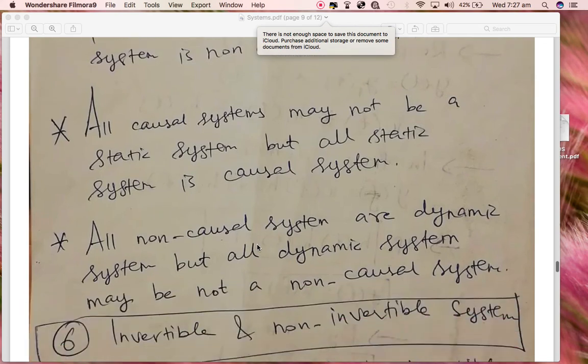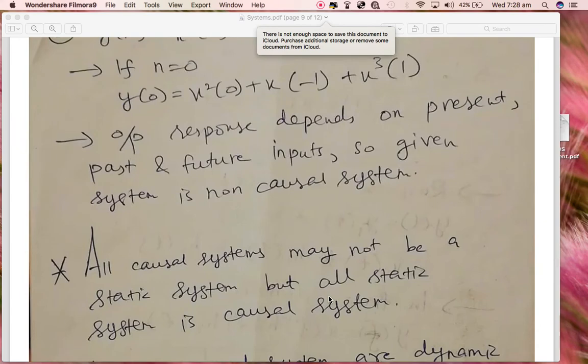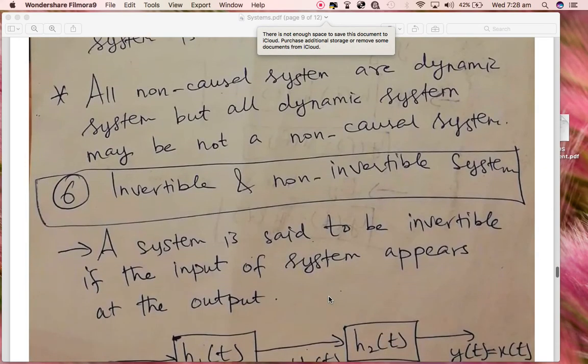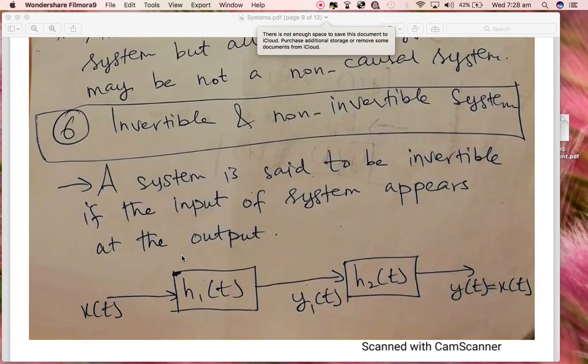And similarly, all the non-causal systems are dynamic systems, but all dynamic systems may not be non-causal systems. Okay, we have another kind of system, which are invertible systems as well as non-invertible systems.